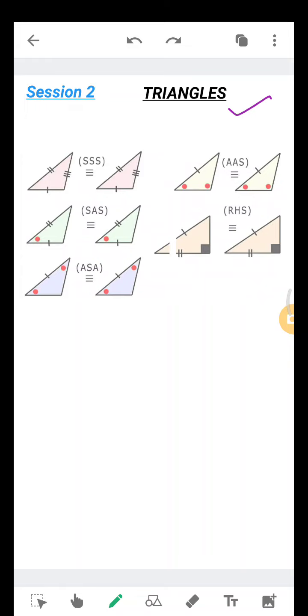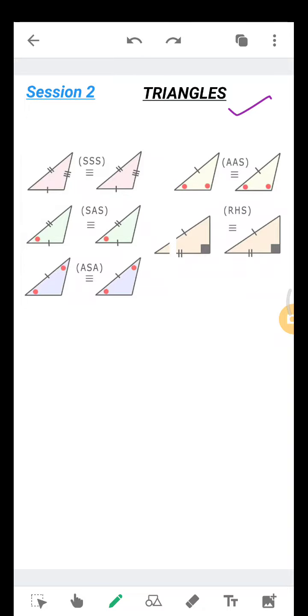Then AAS also we discussed. The difference between ASA and AAS is that in ASA the side is included in between the angles. Here the side is not in between the angles, it is some other side. So 2 angles and a side which is some other side.